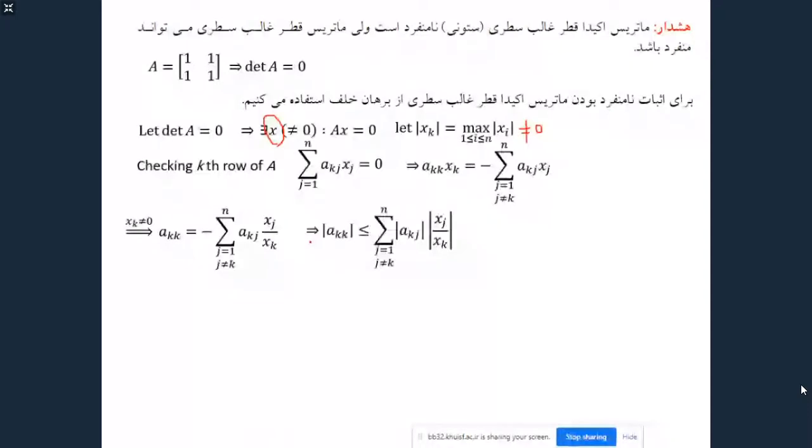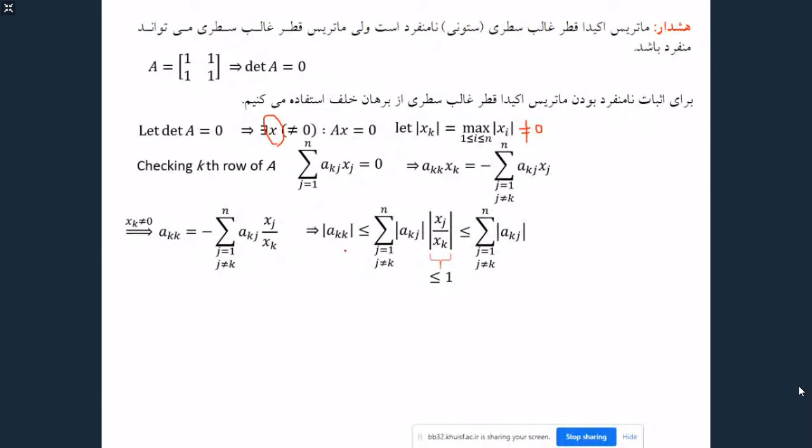If we use absolute values, we find that |a_kk| is less than or equal to the sum over j of |a_kj| times |x_j| divided by |x_k|. This is less than or equal to 1 because x_k is the maximum of all x_j.